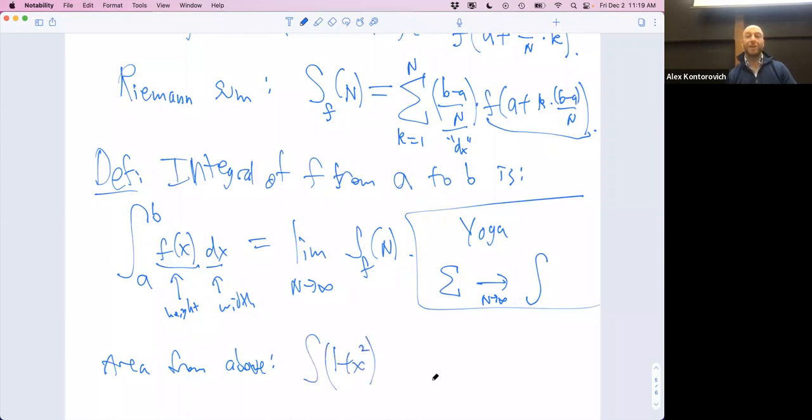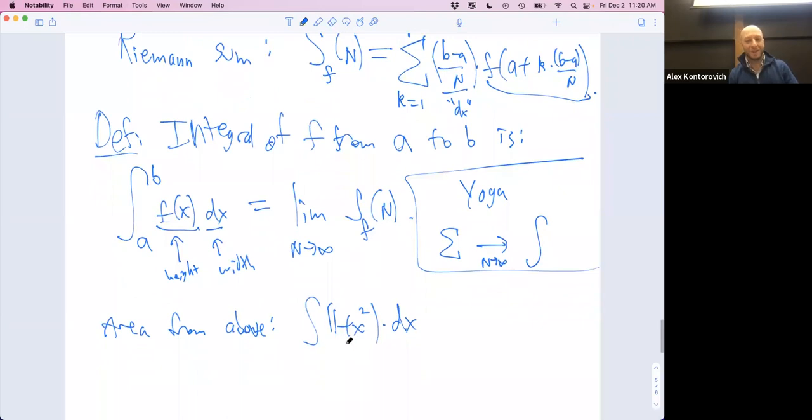Now I really do need parentheses, because I'm going to multiply it by dx. People write 1 plus x squared dx all the time, but this doesn't actually have meaning because PEMDAS says only x squared is being multiplied by dx, and then there's a 1 there that's just floating. But I always like to put parentheses to make sure this is a height, this is a width. I'm integrating from 1 to 2.